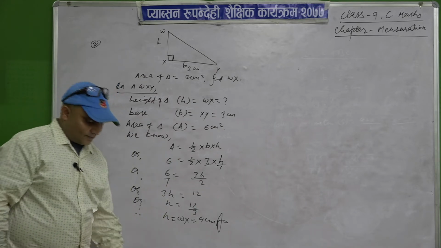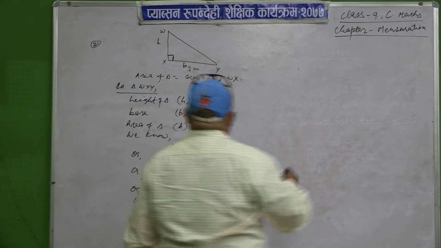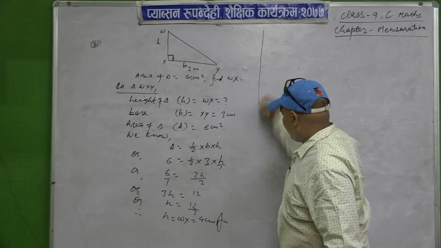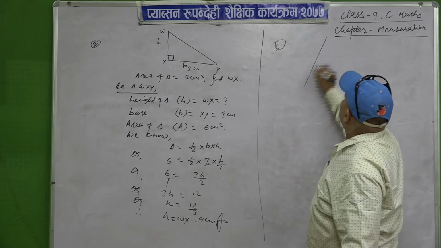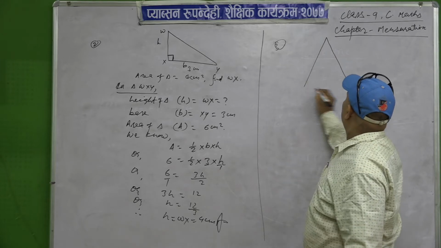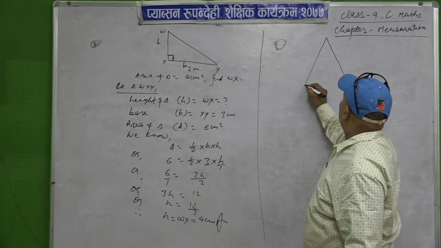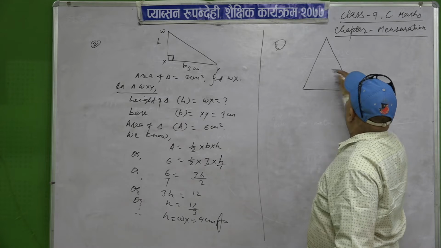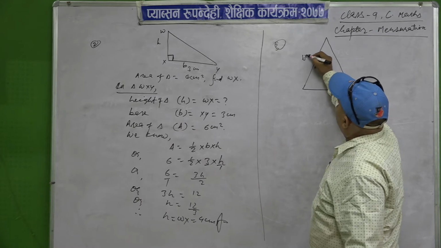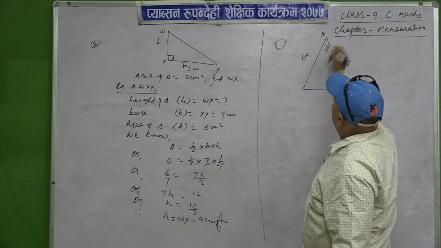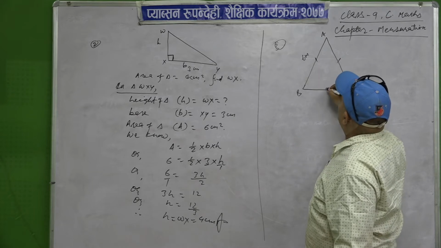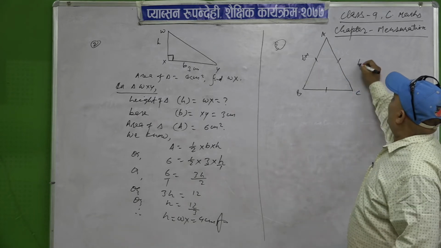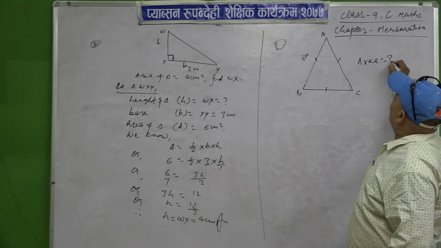Okay, thank you. Now third question. Suppose one triangle is given here, and this is of 6 centimeter, this is ABC, and suppose all the three sides are equal, we have to find out area of this triangle.